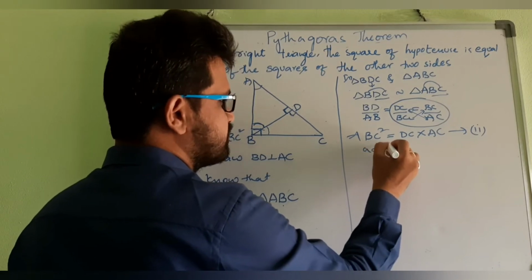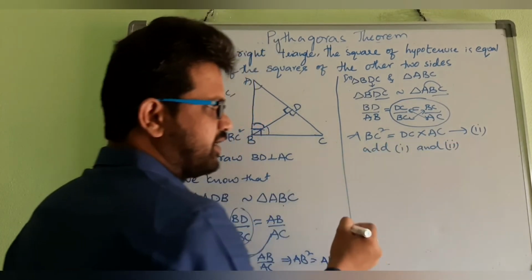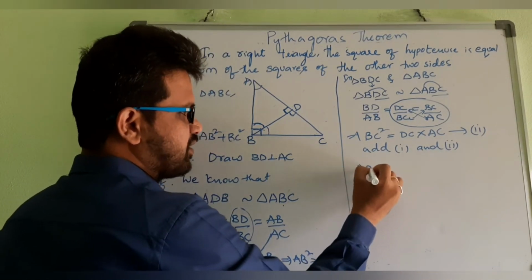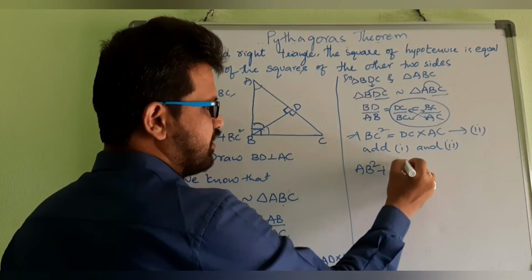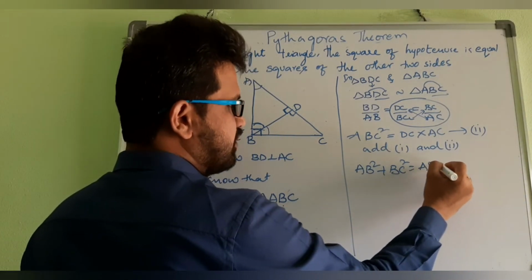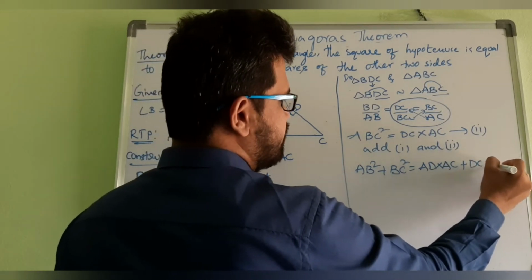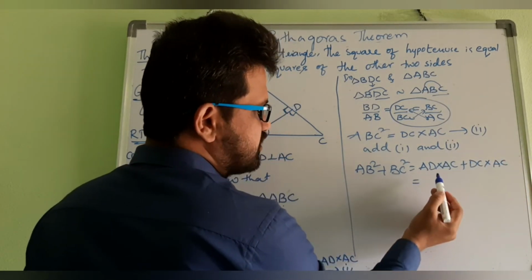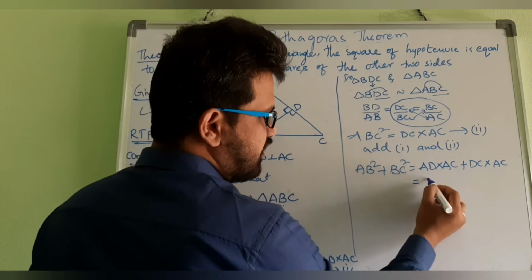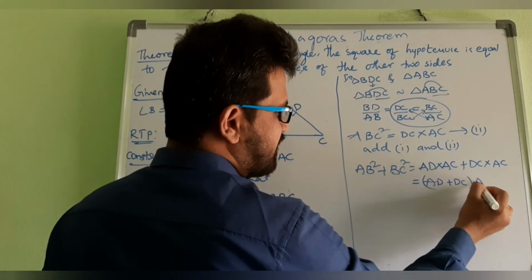Add 1 and 2. So what we get? AB square plus BC square. Add LHS and add RHS also: AD into AC plus DC into AC, right? What is common in these two? AC is common.